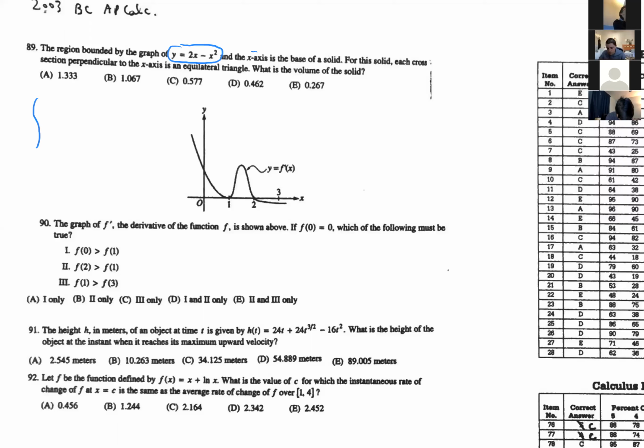So on the x-axis, that's where y is 0. So I'm going to say 0 equals 2x minus x squared. So I'd solve this equation. I'm going to bring x squared over here, minus 2x equals 0, and then factor out the x. So it's going to occur at 0 and 2.